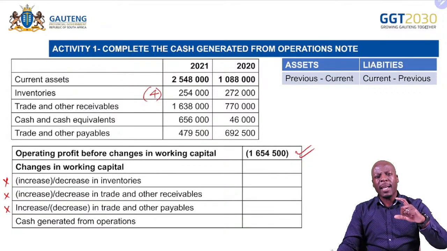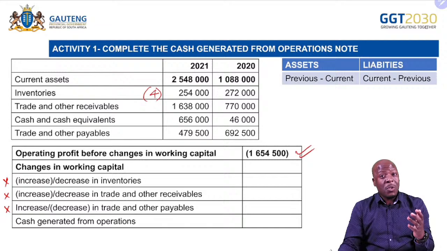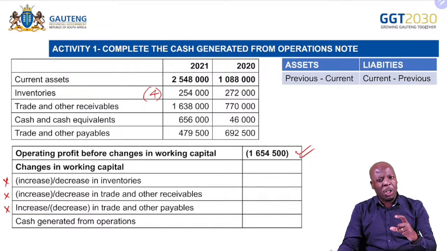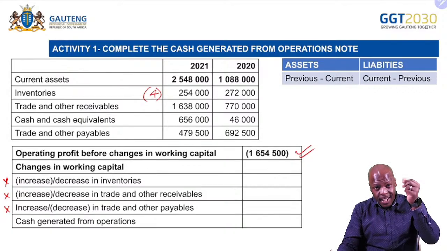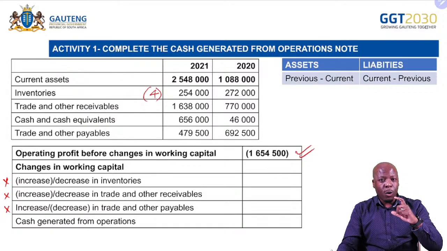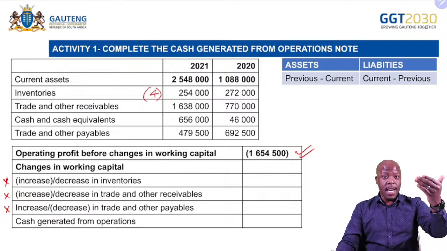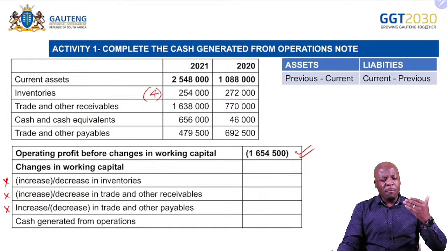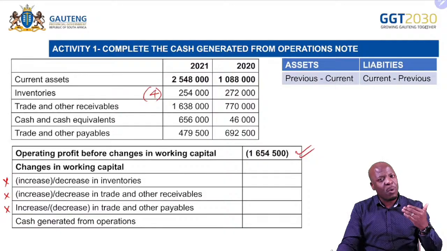But in this particular case, we are not much concerned about inventory. We are concerned about the relationship between inventory and cash. We know that when inventory moves in, it never moves in the same direction with cash.